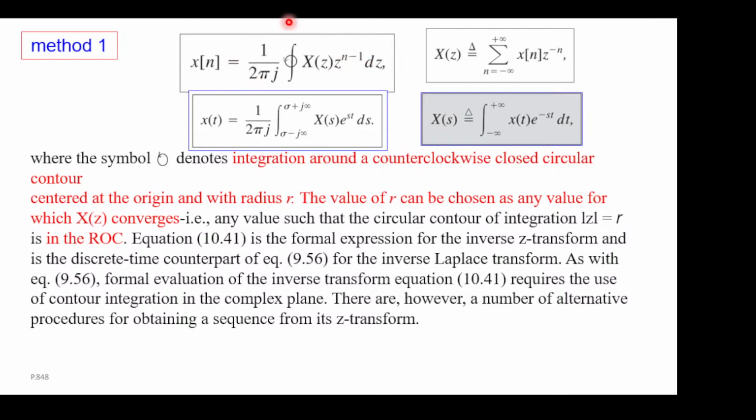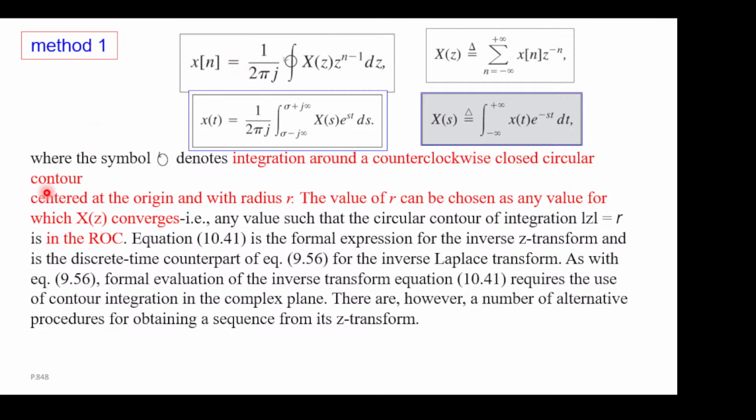That's just what the math told you. So in the Laplace transform, you have e to the minus st, e to the plus st, very symmetric, but here you have z to the minus n, but actually z to the minus 1. That's just what the math gives you.